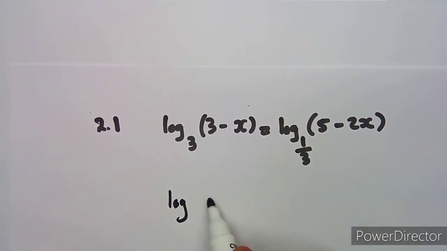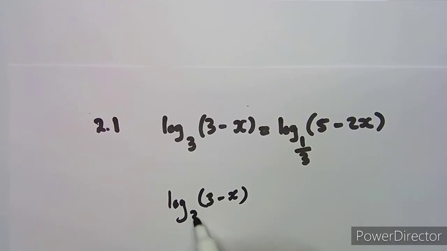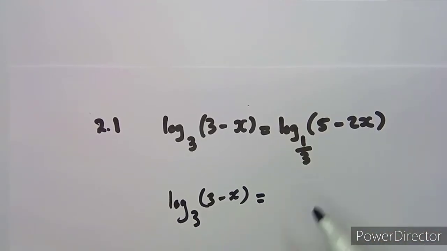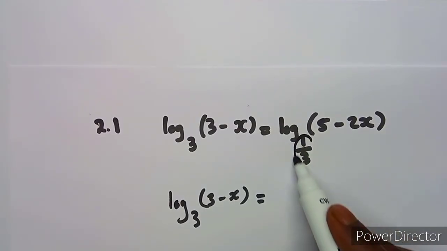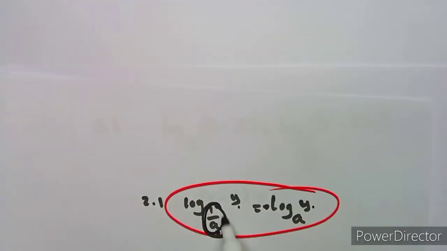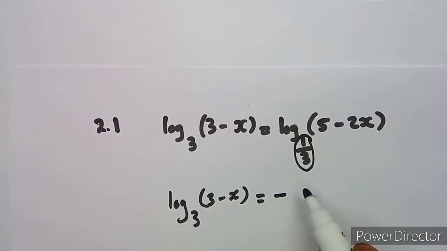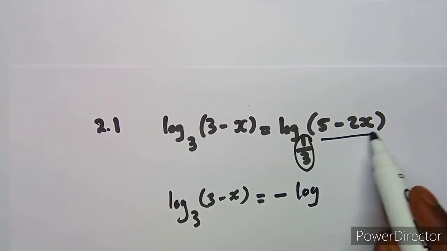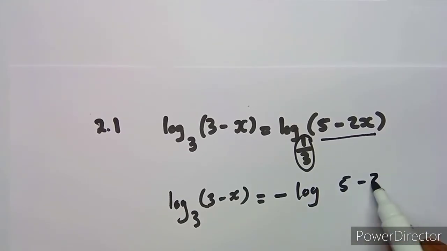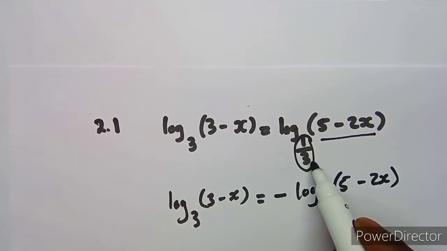So what you're going to do is rewrite this in terms of this part here, because remember we said when it is log y in base 1 over a, it is going to be minus log y in base a. So it's minus here. Because it has got 1 over 3, this 1 over a, it's going to be minus log of this part which was already there, which is 5 minus 2x, in base of the whole number, which is 3.